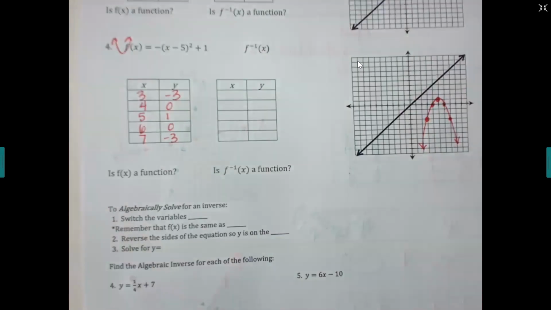Okay, remember that if those are the points for f, then f inverse will have the same 5 points, but backwards. So flip-flop those points for me, and then regraph your U. Instead of opening down, it should open to the side, just like the V did.